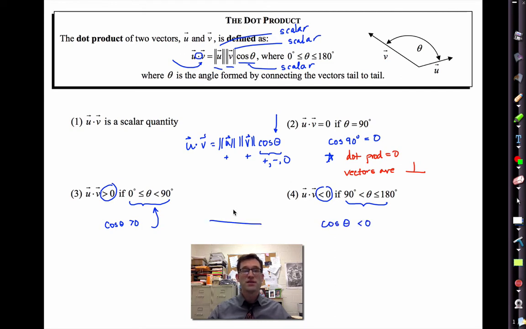Remember, cosine is the x-coordinate on the unit circle, so it's negative here and it's positive here. This is really kind of cool. Next lesson, all we're going to do is work on the geometry of the dot product, because it tells us quite a few things. But for right now, I want you to sit back and really think about all that. Pause the video if you need to.